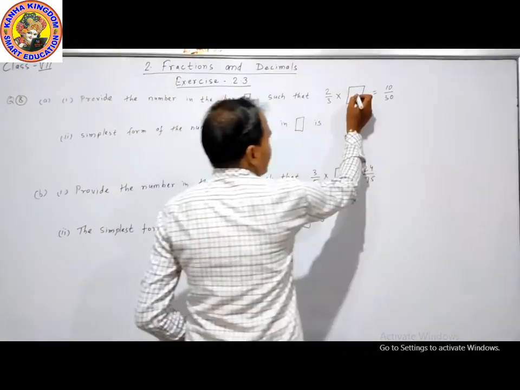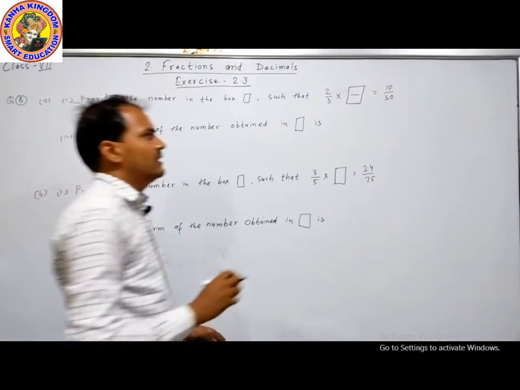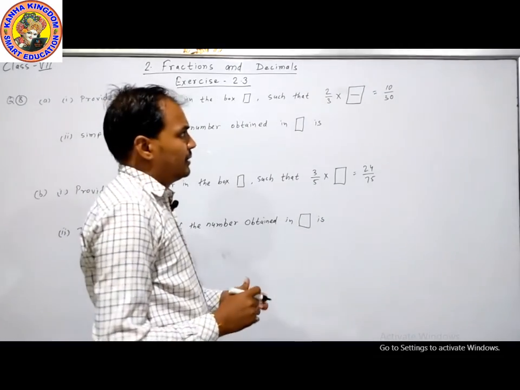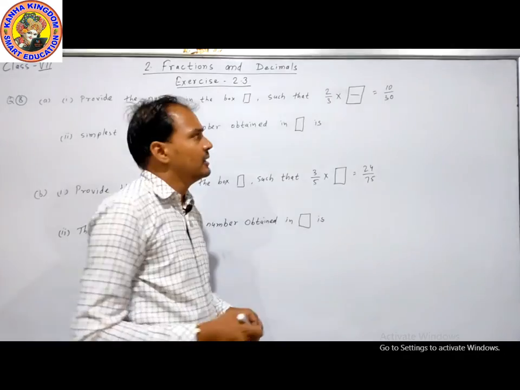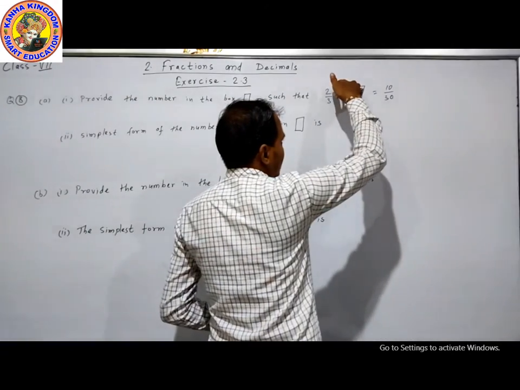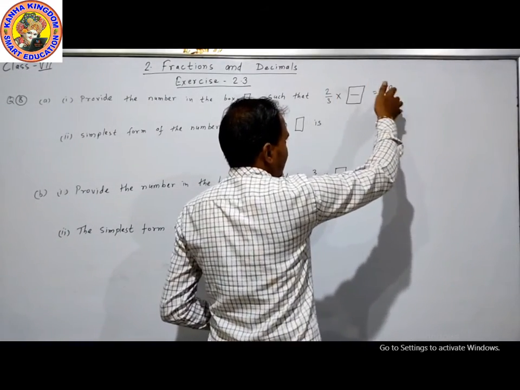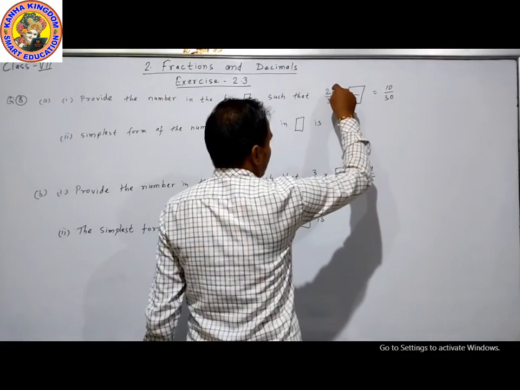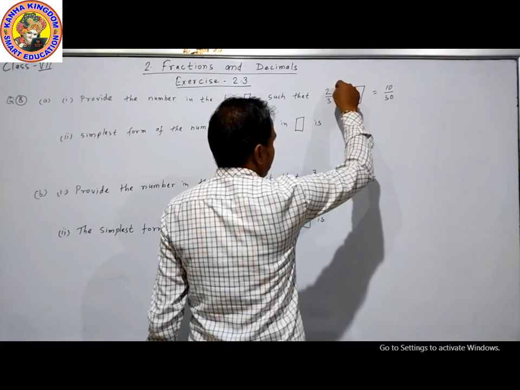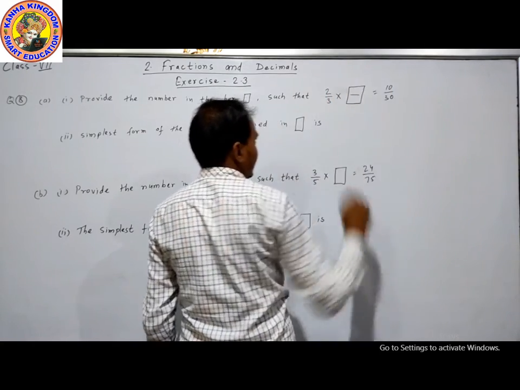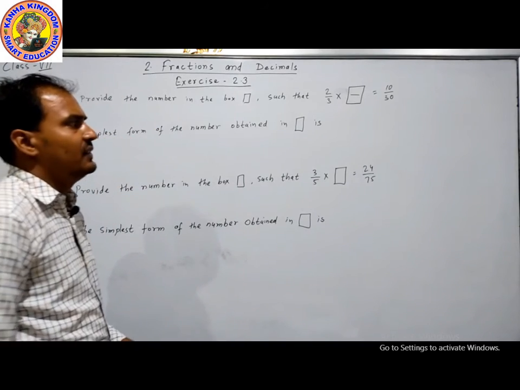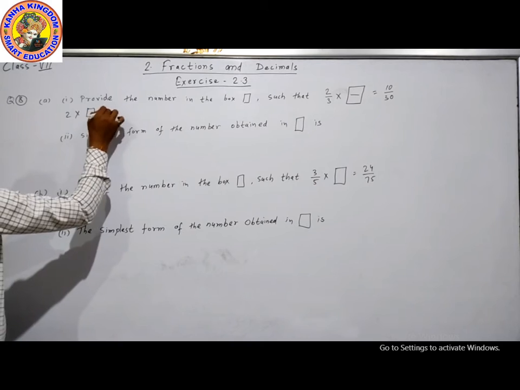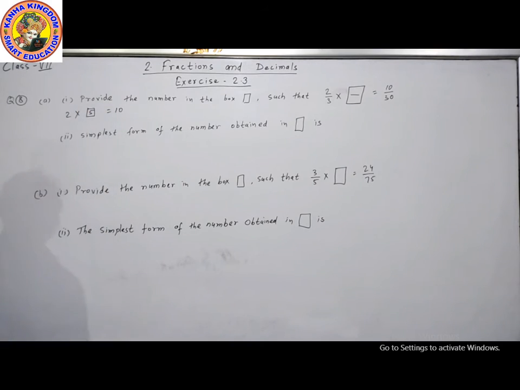First of all, there is a fraction number. In multiplication of fraction numbers, we know that the numerators will multiply and the denominators will multiply separately. So for this number we will multiply by 2 to get 10. 2 into 5 will get 10.